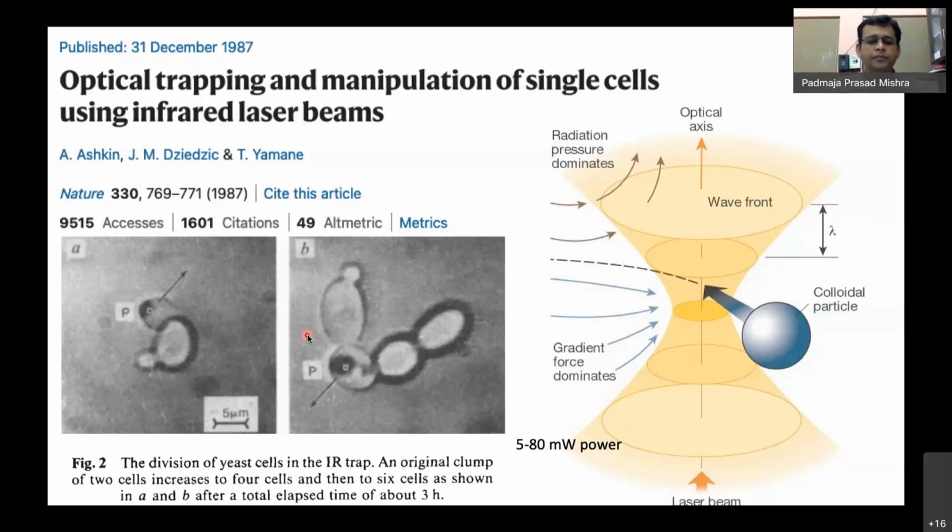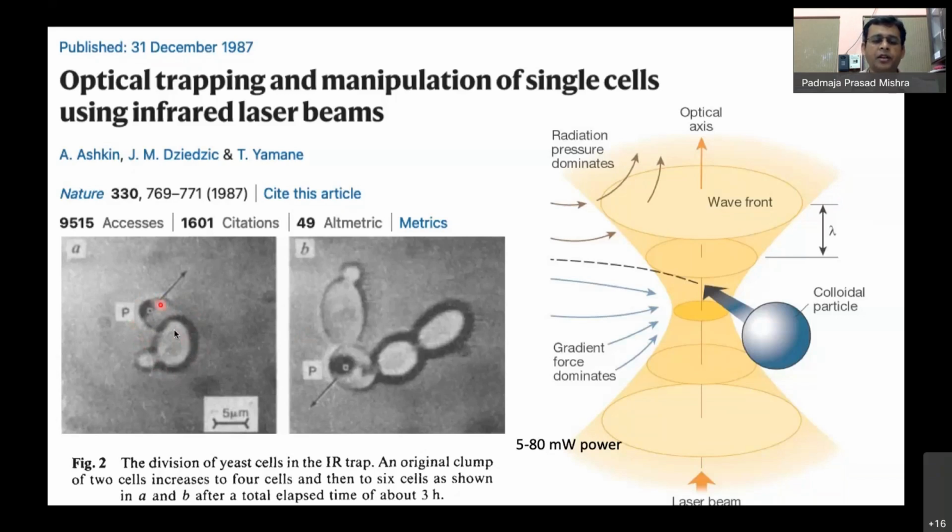living objects. So he could successfully hold a yeast cell and observe that the yeast cell remains active once it is trapped, and it does all its functions like cell division and everything.